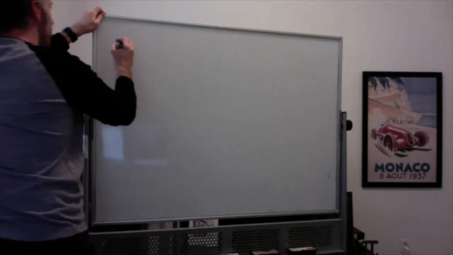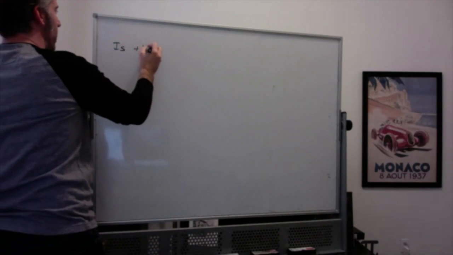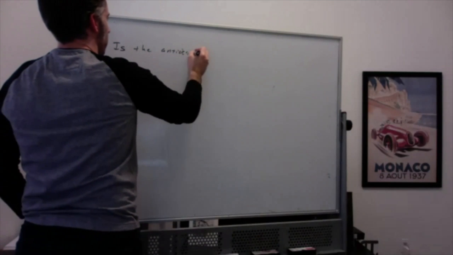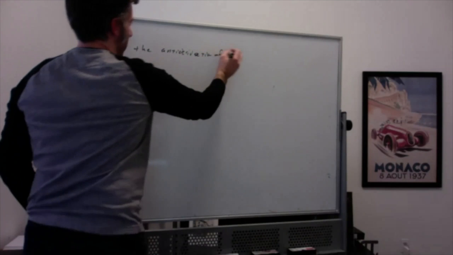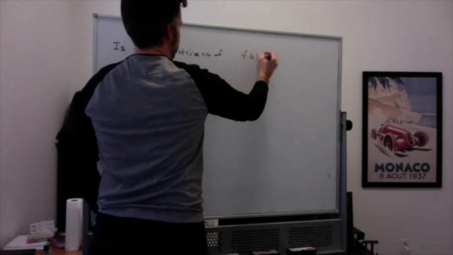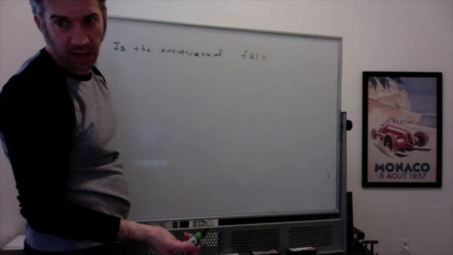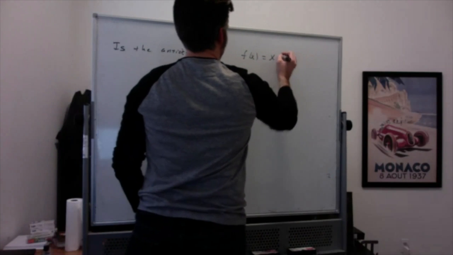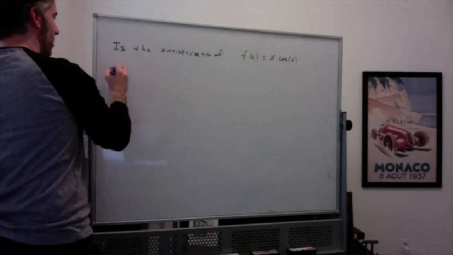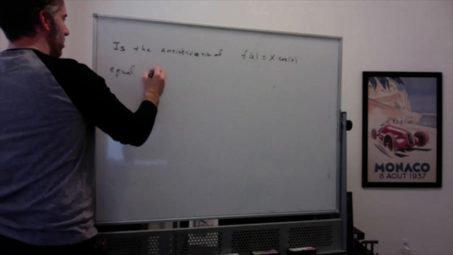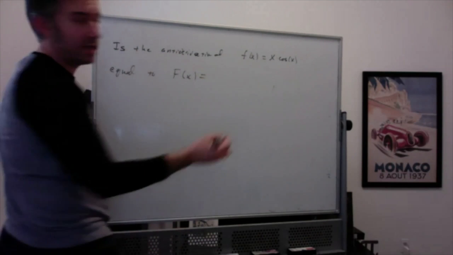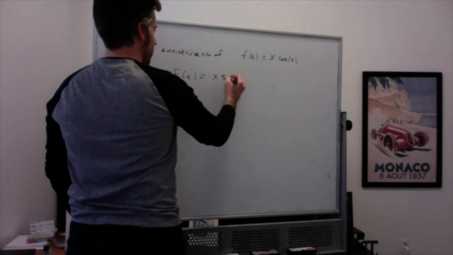So, is the antiderivative of f of x equal to x cosine of x equal to F of x equal to x sine of x plus cosine of x plus c?